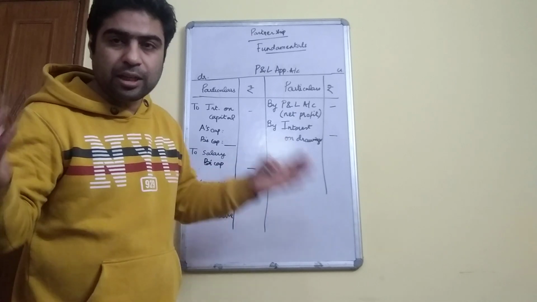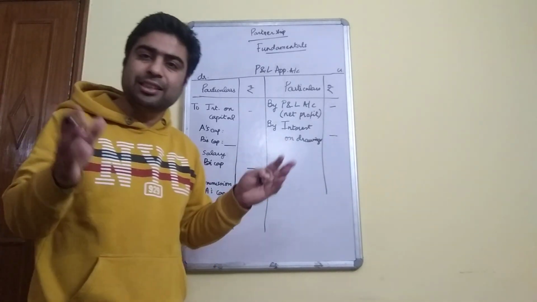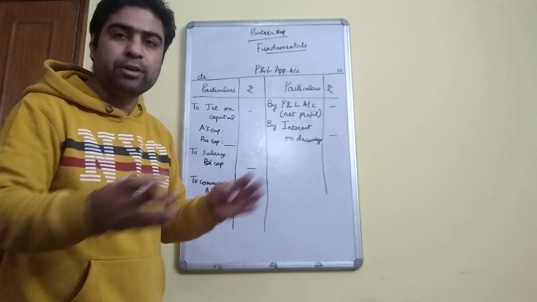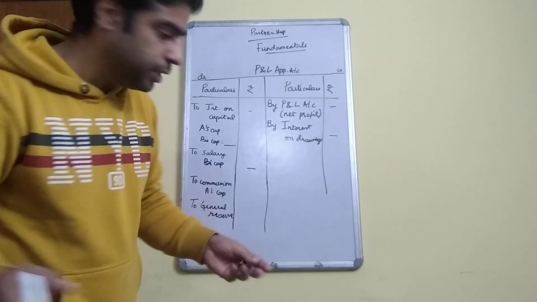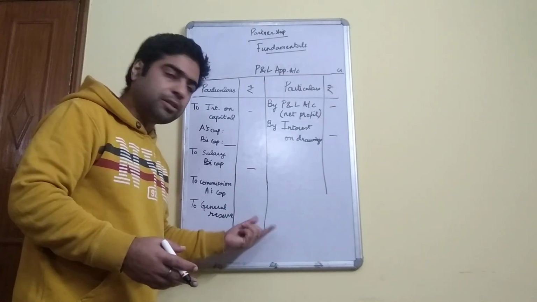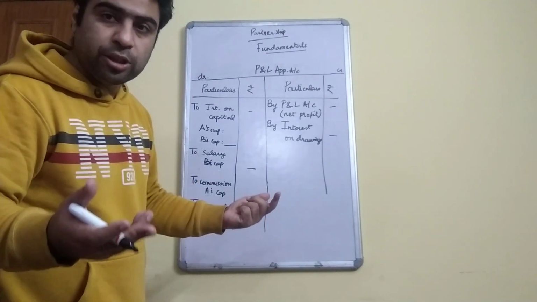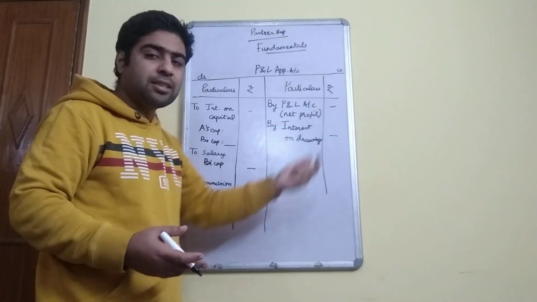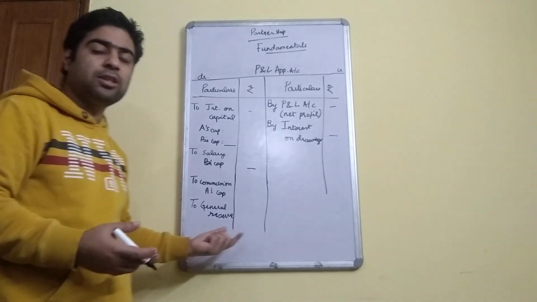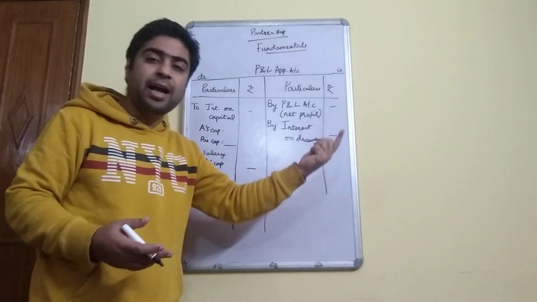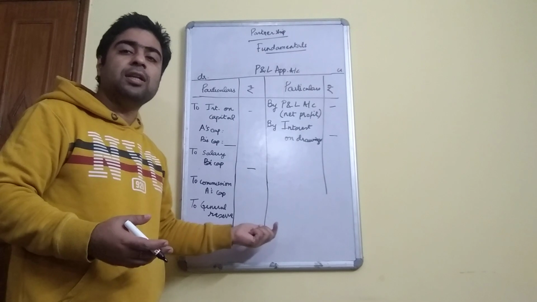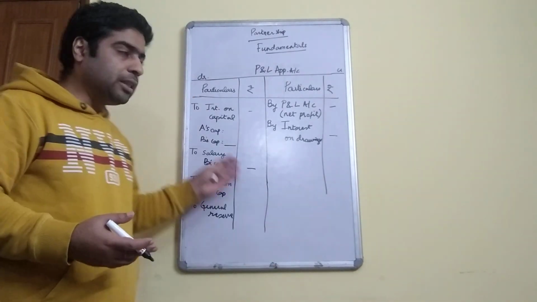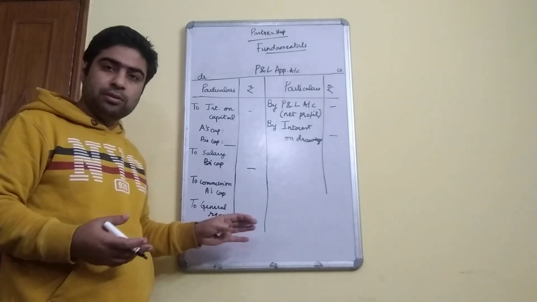In a nutshell, we need to create a reserve which can later be utilized for any eventuality or unforeseen challenges in the market. That is known as general reserve. If the profits were 10 lakhs and the general reserve is to be 10% of 10 lakhs, we will show 1 lakh over here as general reserve, right?